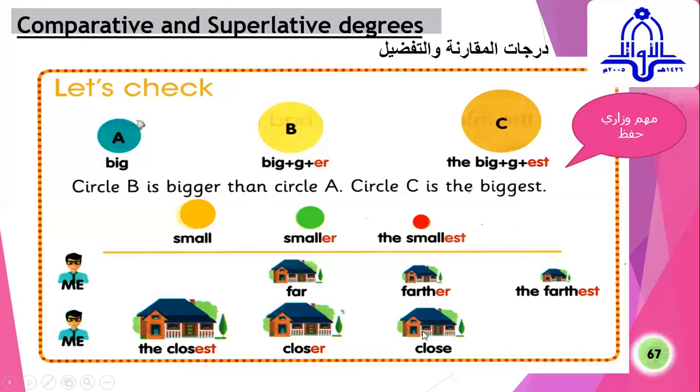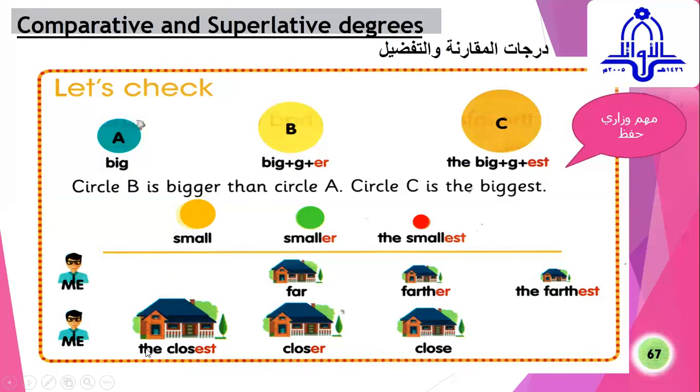Here we have three pictures of houses. Me, I'm here. أنا هون بالنسبة لي أنا هنا. So this house is close. هذا البيت قريب. But this one is closer. ولكن هذا البيت أقرب بالنسبة لي closer. هذه راح يكون عندي comparative by adding ER.